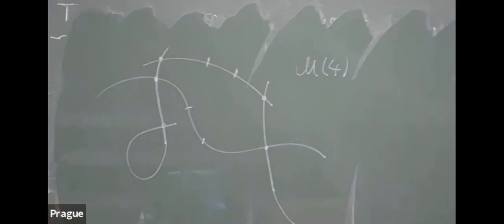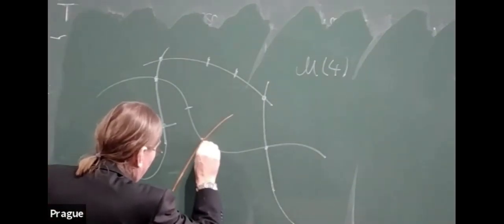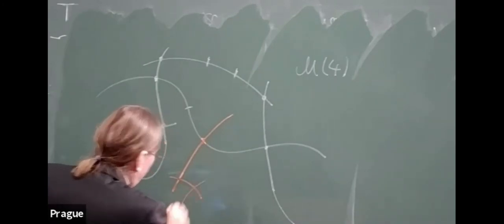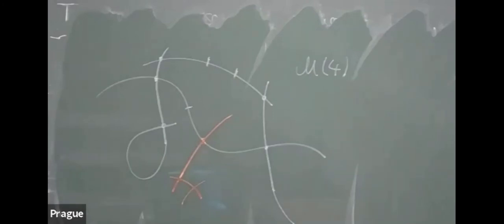The operadic composition is defined by introducing another normal intersection by joining the marked points.